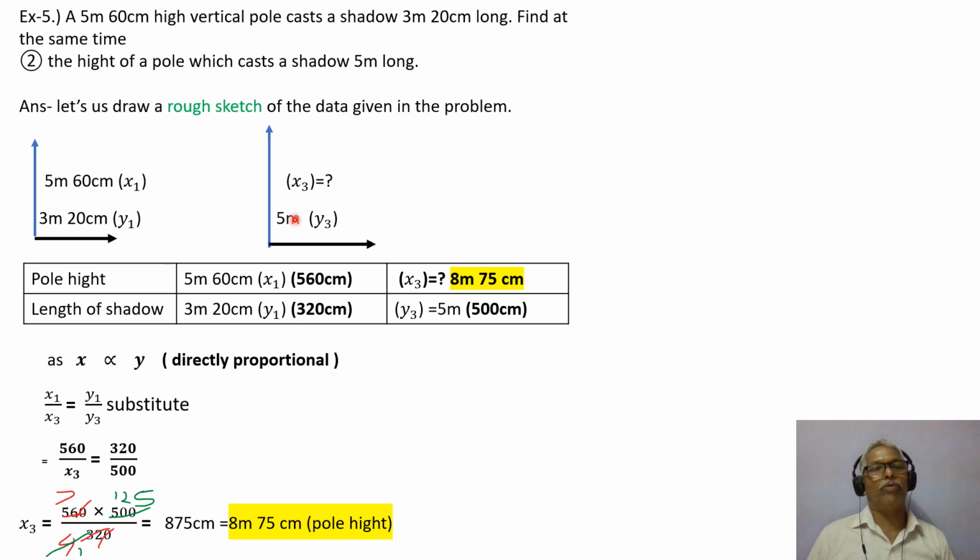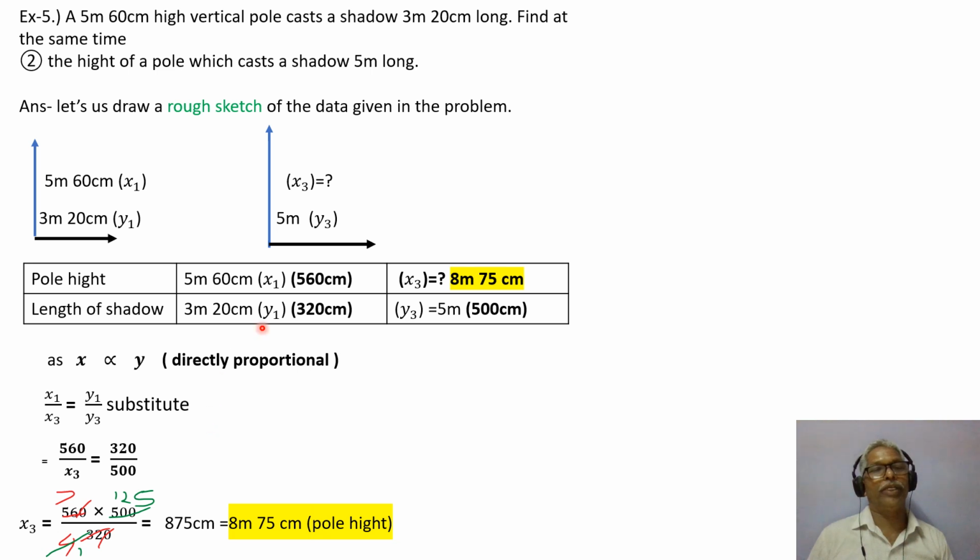In the same problem but a different part, don't make jumbling: as we have used x2 and y2 for some other pole, use x3 and y3 now, so that you and the examiner will not get confused. So x1 upon x3 equal to y1 upon y3.